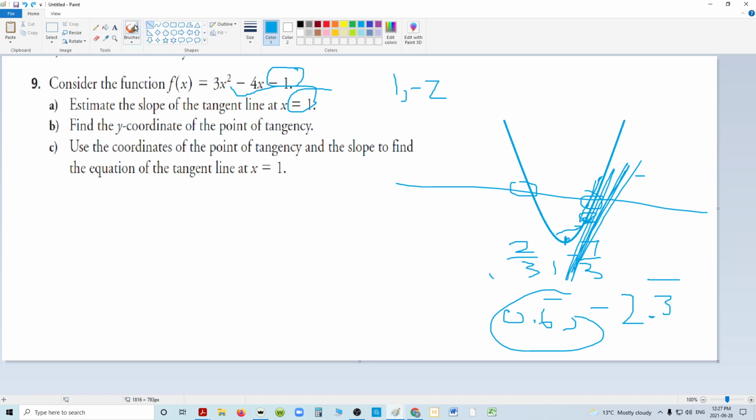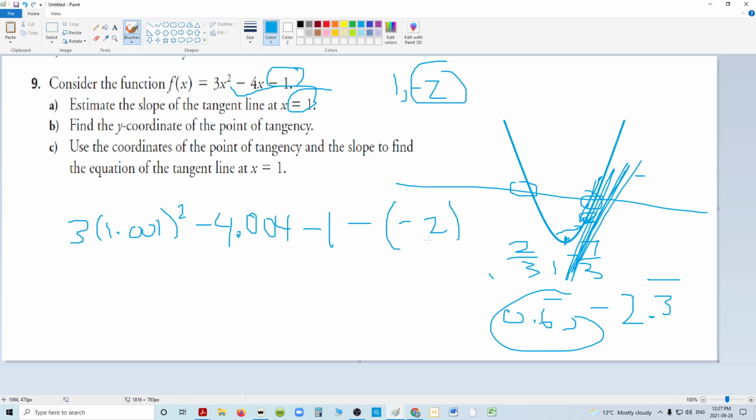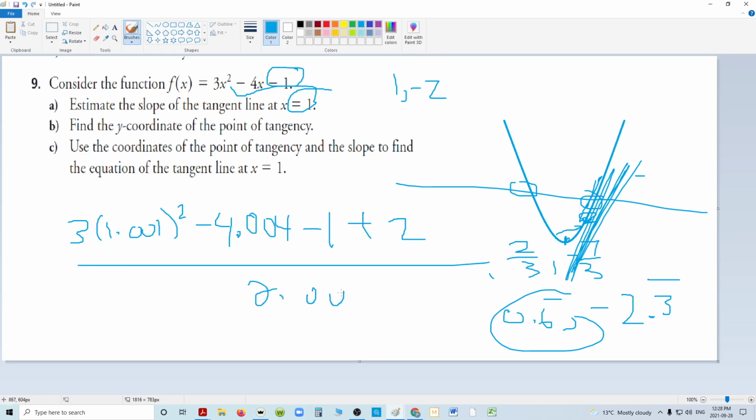We were going to take 3 times 0.001 squared minus 4 times 0.001, which is minus 4.004 minus 1, minus, and what did we discover is the y here? Minus 2. So it's going to become plus 2, all over 0.001.